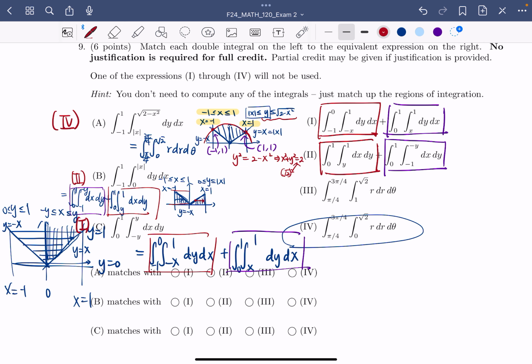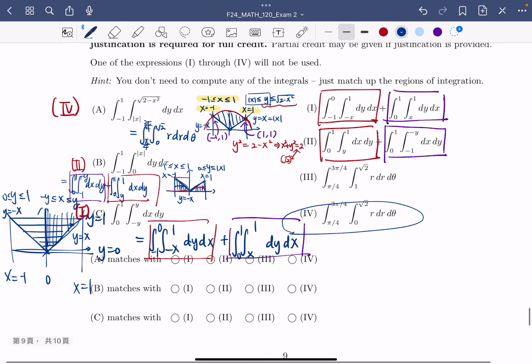Okay, this part looks messy, but let's put our answer here. So A matches with number 4 and B matches with number 2. C matches with number 1.